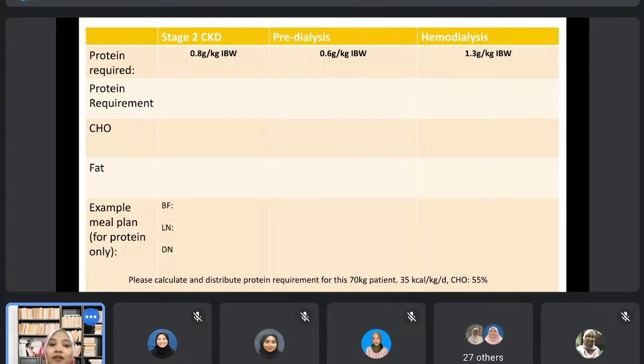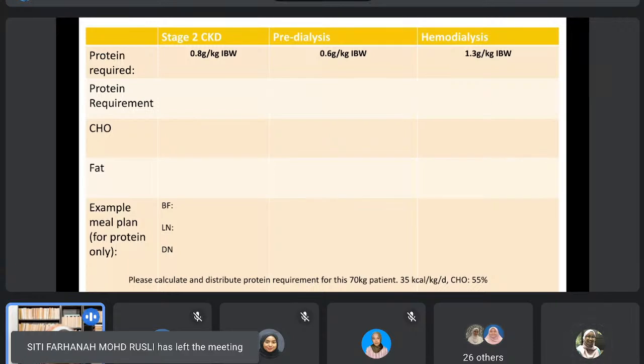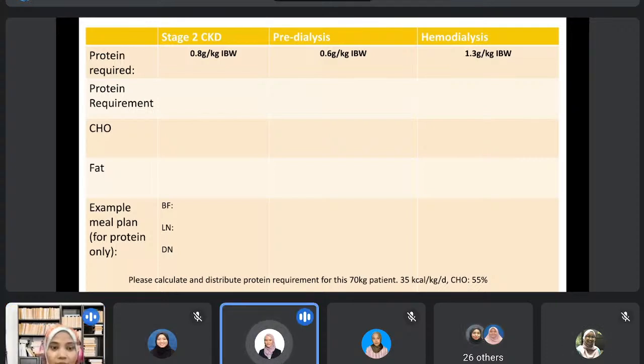Okay. Alright. So hemodialysis berapa gram kita dapat tadi? Hemodialysis 84 gram, betul tak? 91 gram.